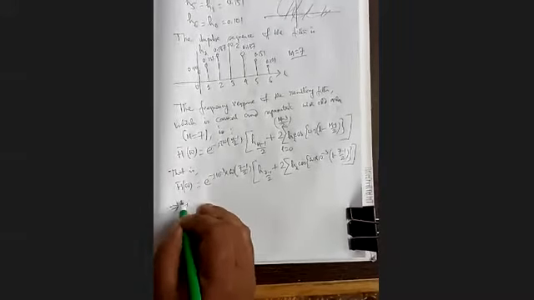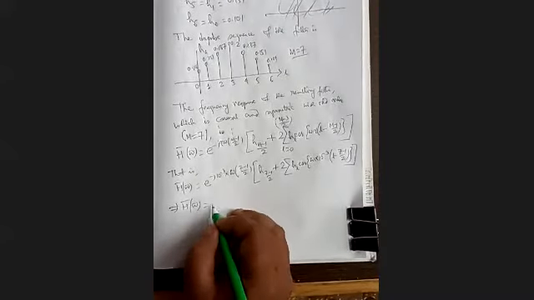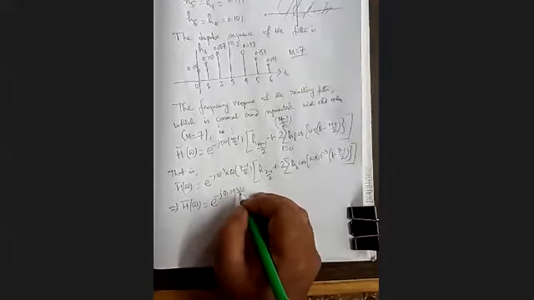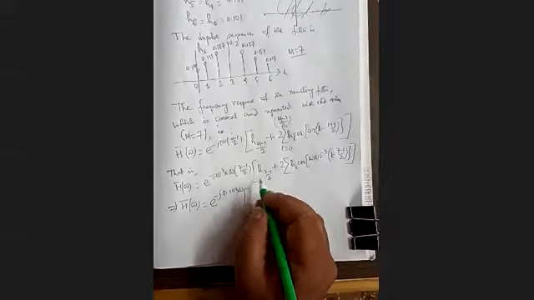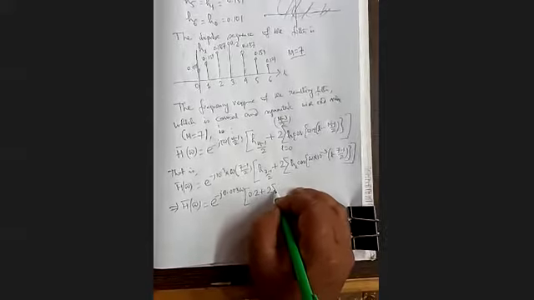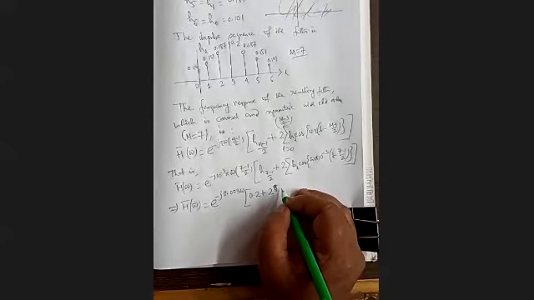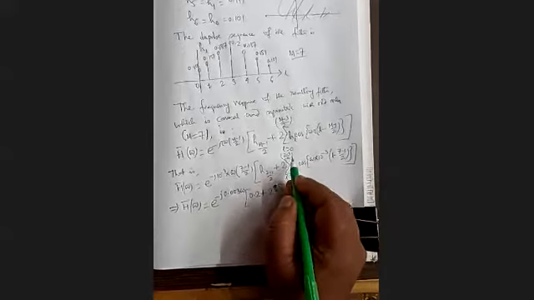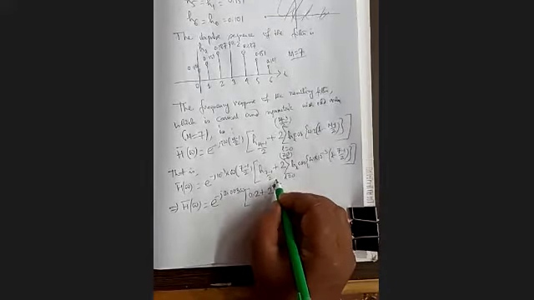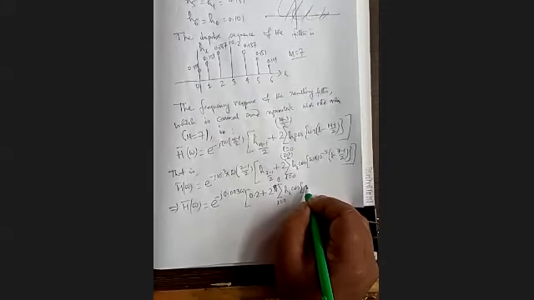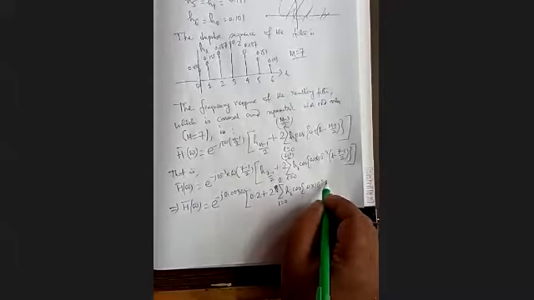So finally we get, I give you the last line here, e to the power minus j 0.003 omega, then h3 means 0.2 plus 2 into the sum for L equal to 0 to 2 of HL cos omega into 10 to the power minus 3 into (L minus 3).